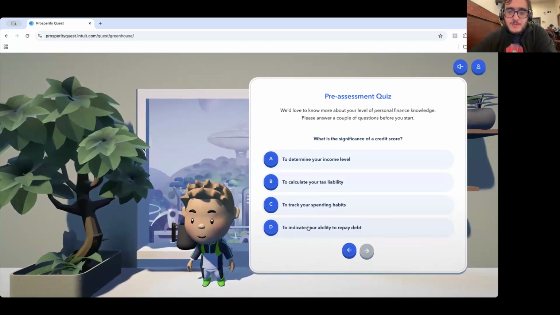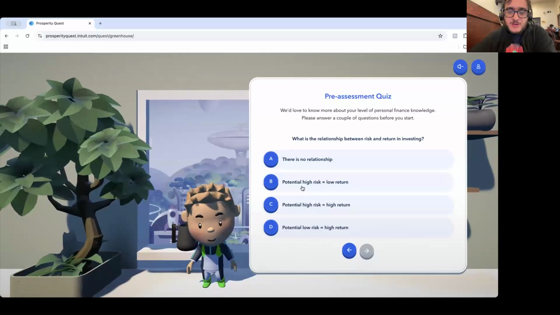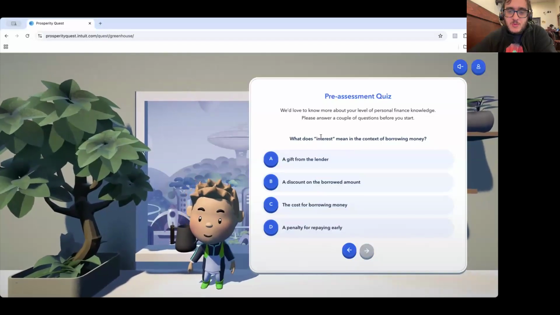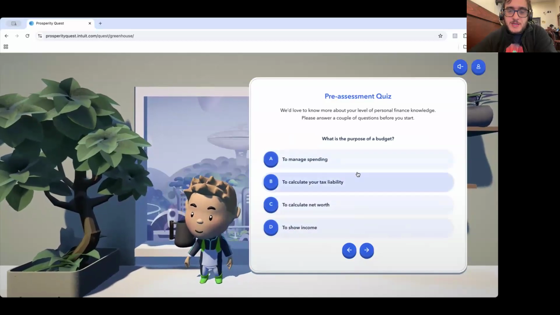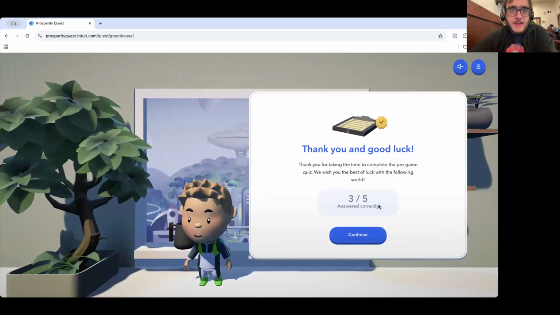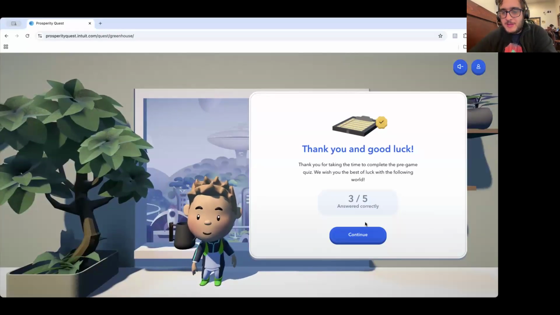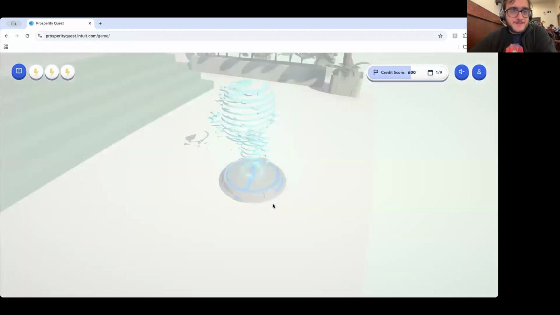What is the difference between risk and return investing? What does interest mean in borrowing? I'm just clicking through. You'll see here 3 out of 5 correct. So it tells me what I got wrong, what I got right. If you're a teacher on the back end, you'll actually get to see the answers and how your students did.